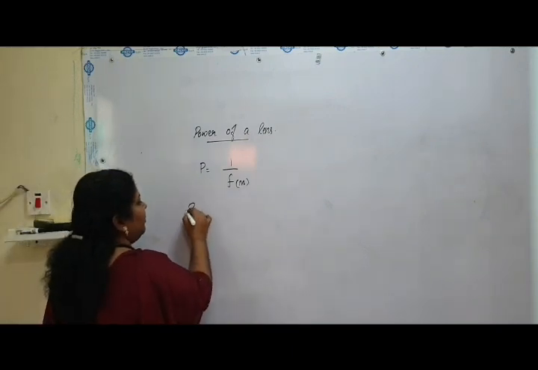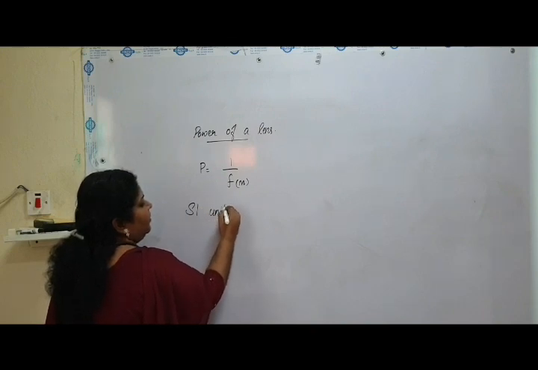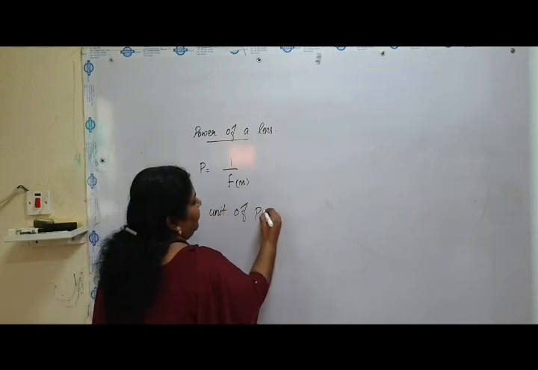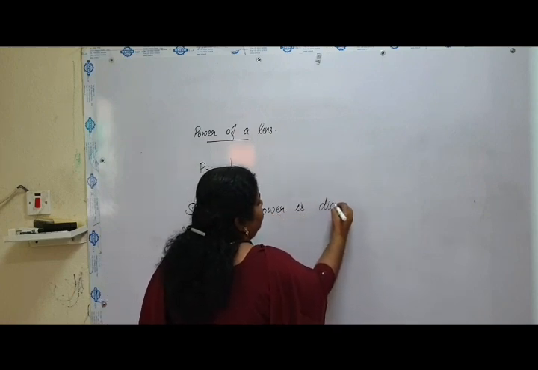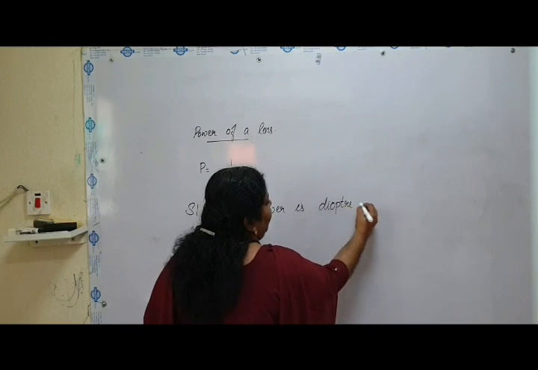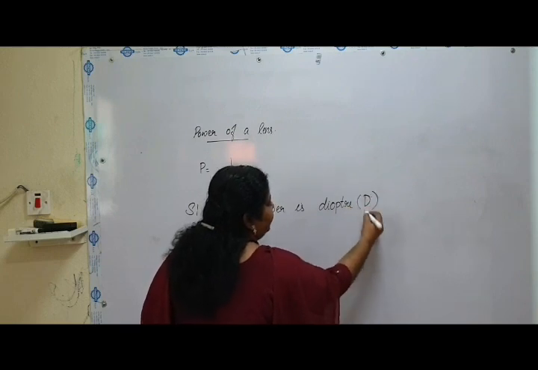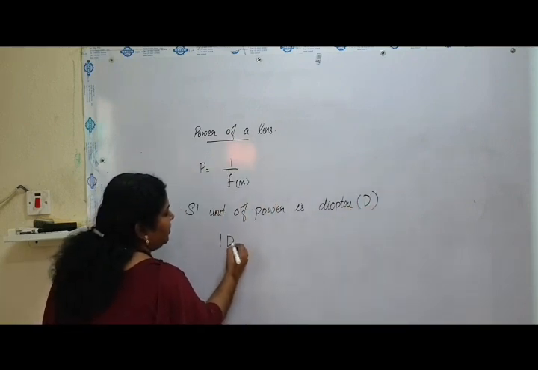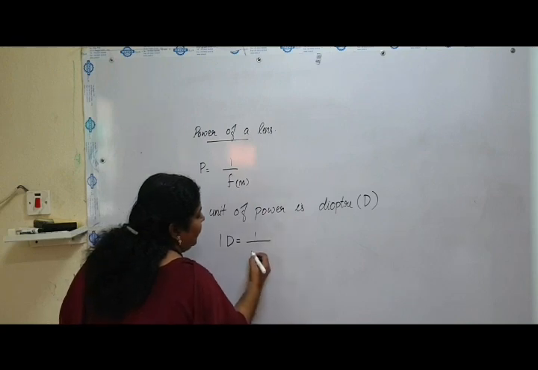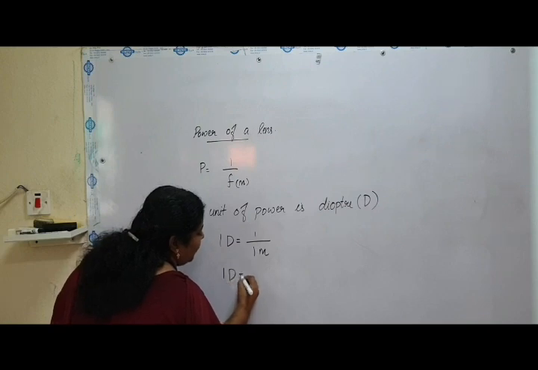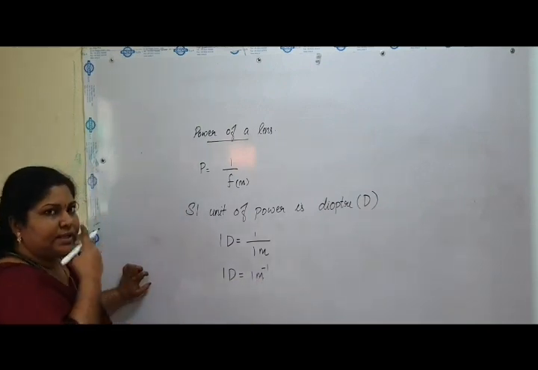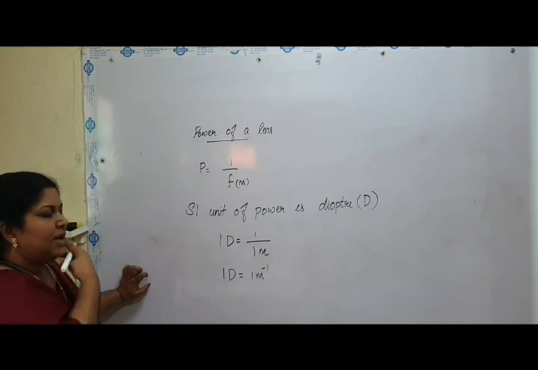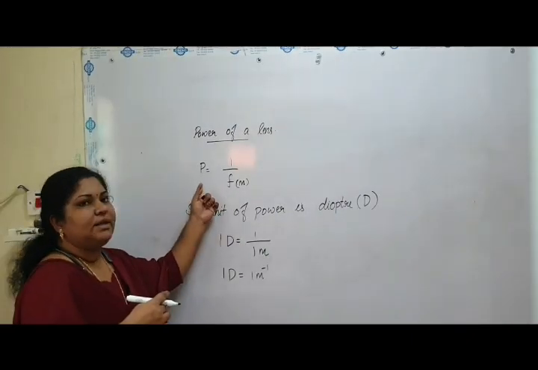And the SI unit of power is diopter. Diopter is denoted by D. So 1 diopter can be written as 1 by 1 meter, or 1 diopter is equivalent to 1 meter raised to minus 1. So that is the case of power. So depending on the sign of focal length, we can say the power.